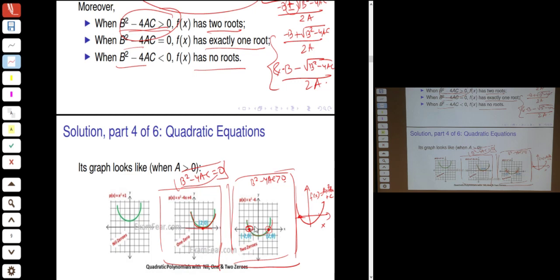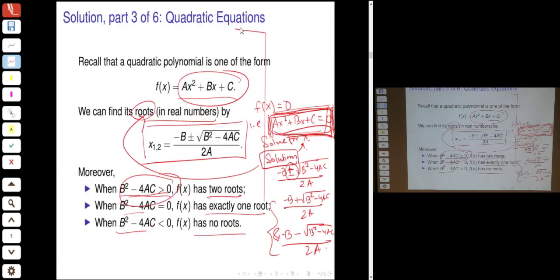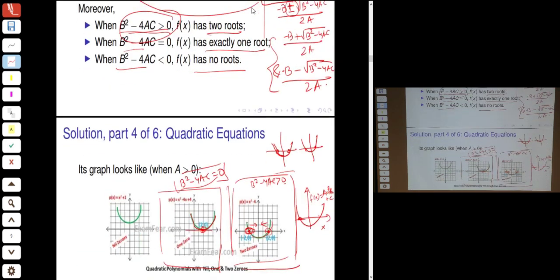In some sense, as the graph lifts, you can imagine an intermediate situation where the roots are still separate but very close to each other, and then they become even closer when the graph lifts even more. So at the point when b squared minus 4ac becomes 0, these two roots collapse with each other and become just a single root. Okay. So in this case it has exactly one root.